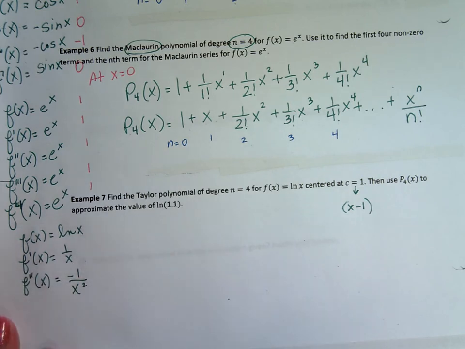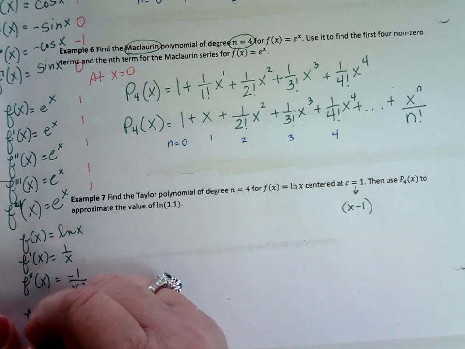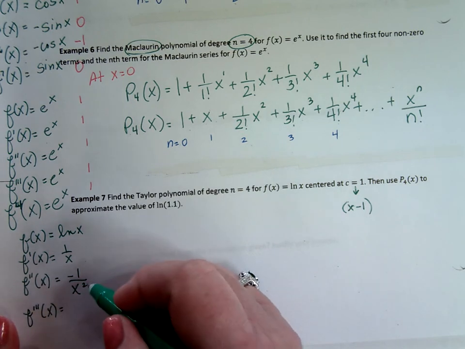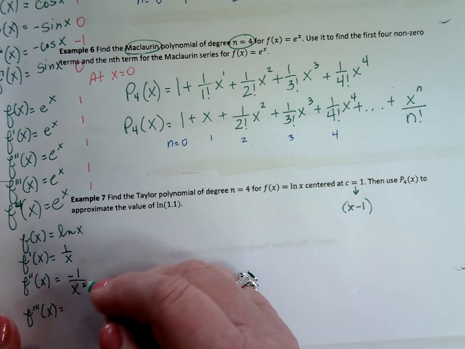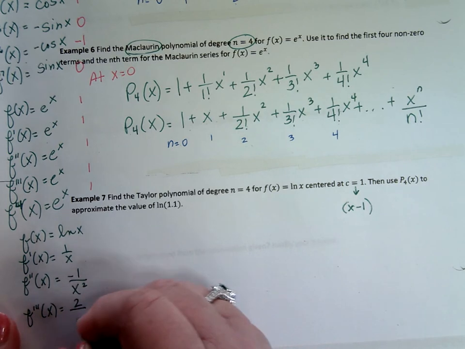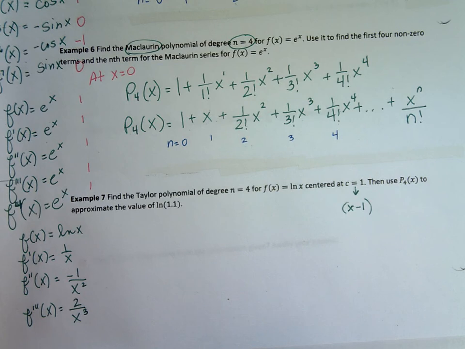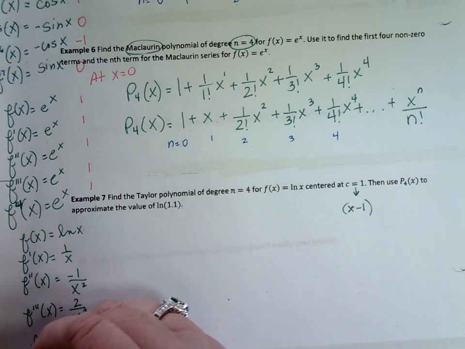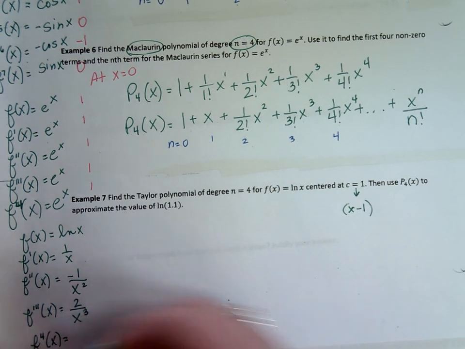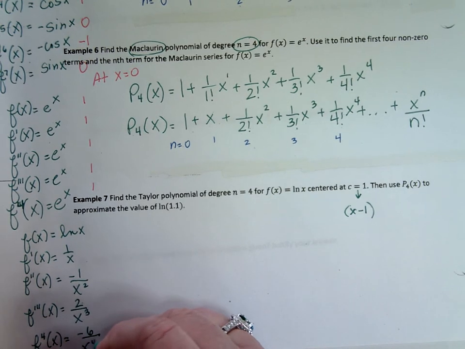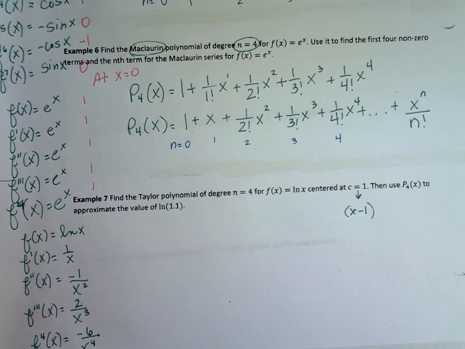Then the third derivative, this would be negative x to the -2, the negative creates a positive, and it comes out to be 2 over x cubed. And then the fourth derivative would be like 2x to the -3, which would create a -6 over x to the fourth. I know you know how to find derivatives, so I did that fast.